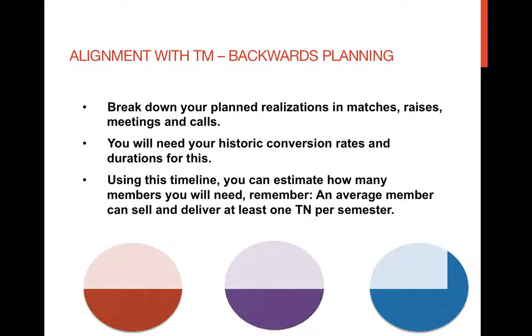And to get there, of course, you have to use your conversion rates and your matching durations, because otherwise your planning won't make sense and your members will not have anything to work on during the semester, which would be a huge disappointment for them. So plan your members correctly.